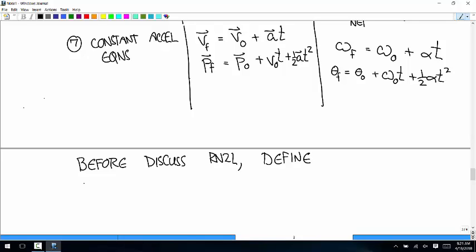We have to define the mass moment of inertia about a point and the moment about a point. So I'm gonna define those two things, and then we'll use them in the equation of motion.